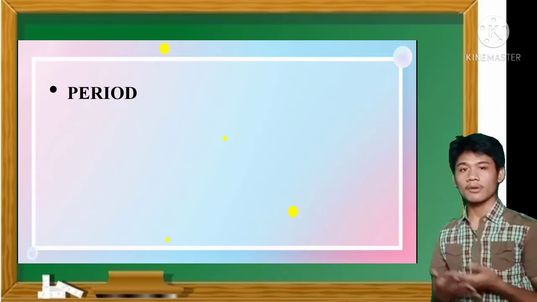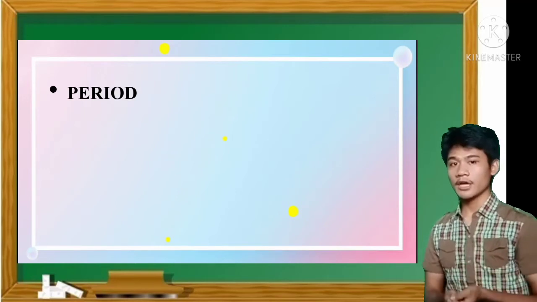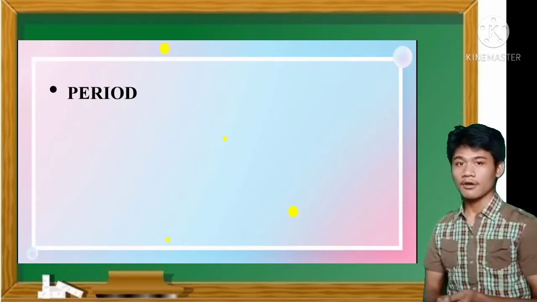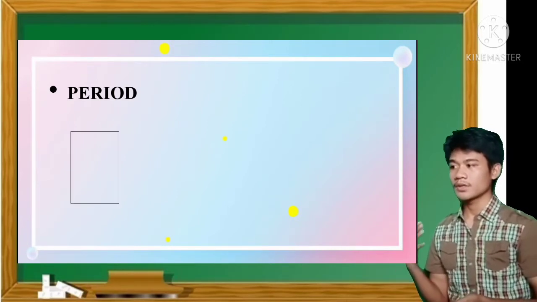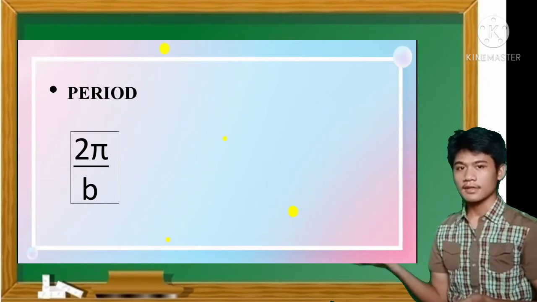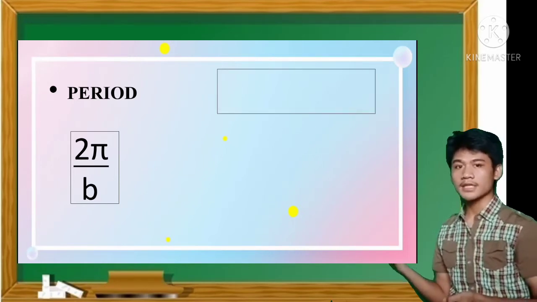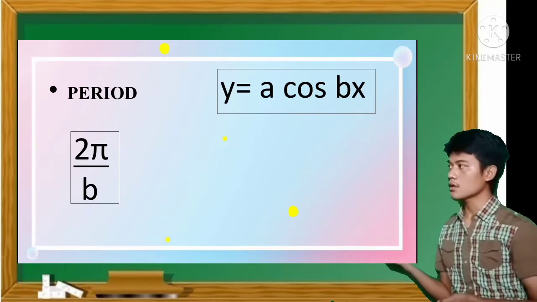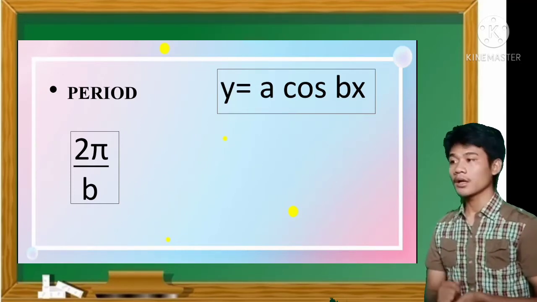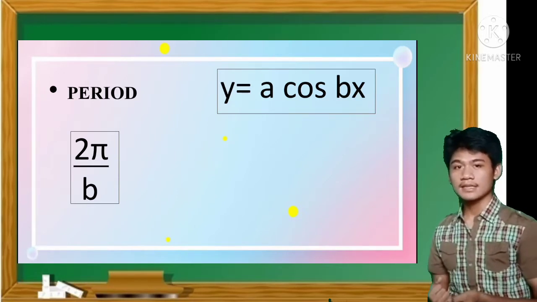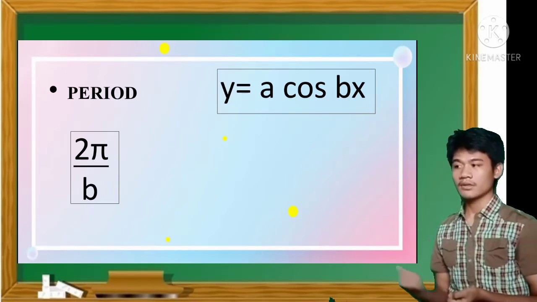This is the formula we need to be familiar with to determine the period of a cosine: 2 pi over b, from the standard form of a function, y = a cos bx. Just simply substitute the value of b into the formula.